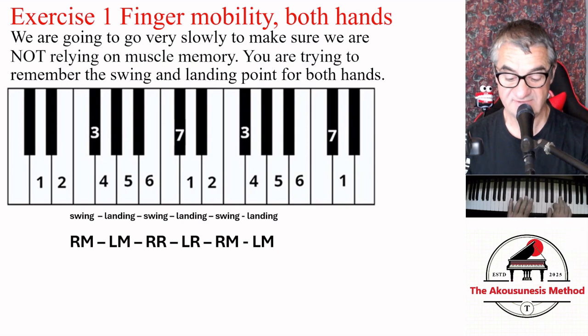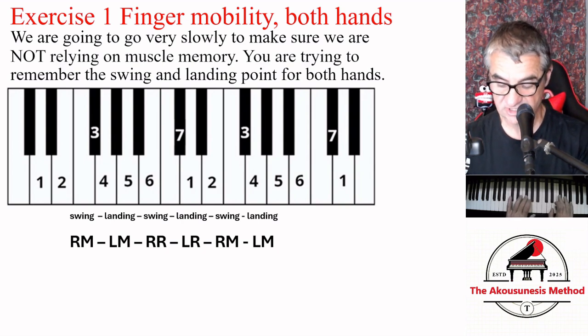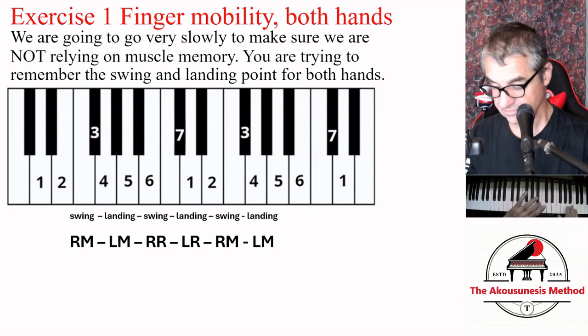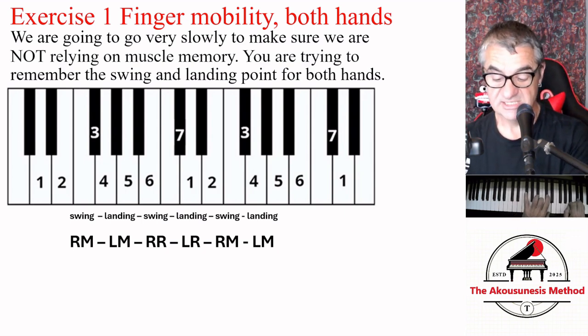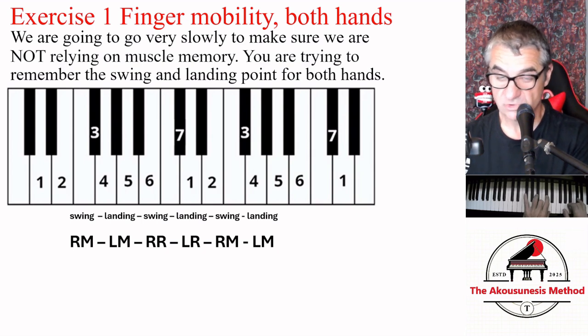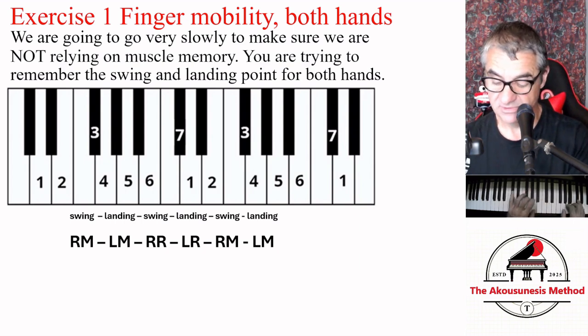Now then we have up here the right hand, a middle, straight away. And then we go to the left thumb, and then a left middle to the end. Now we're coming back. Right, we have the right hand's going to go right to the thumb, right? But the left is going to swing to the middle, right? Left middle, right middle landing.